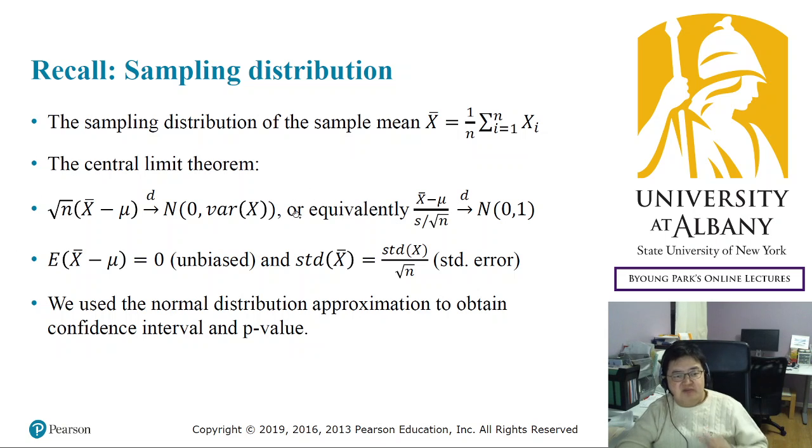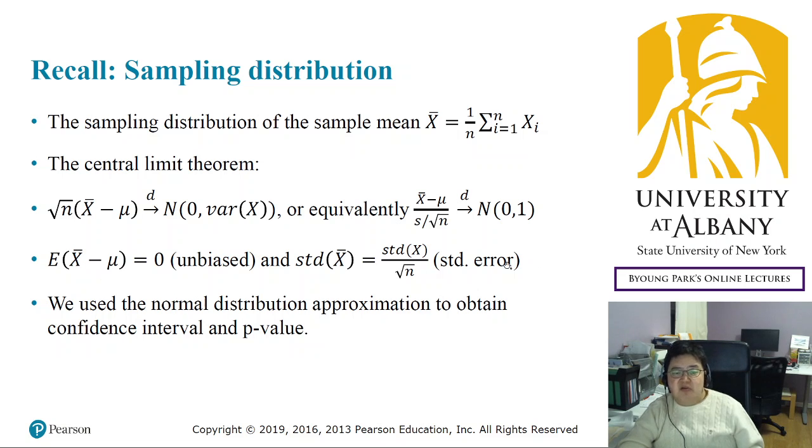All the theories rely on this approximation, the normal distribution. It implies a lot of things. First, it implies the mean is approximately 0. That means unbiased: x bar is expectedly mu, so x bar is an unbiased estimator for mu.